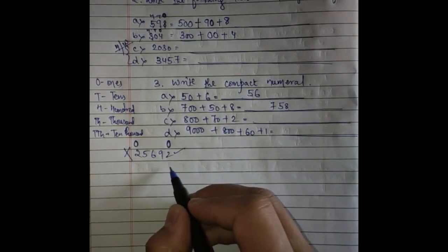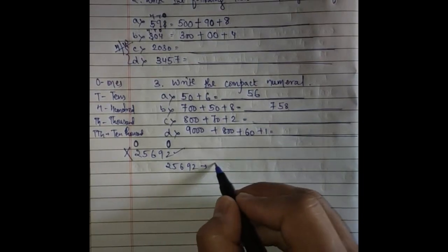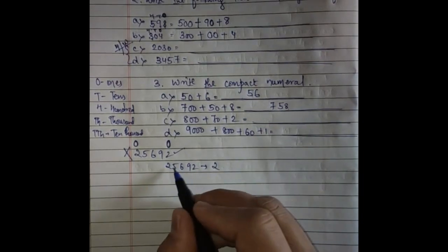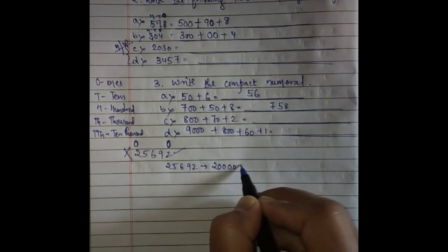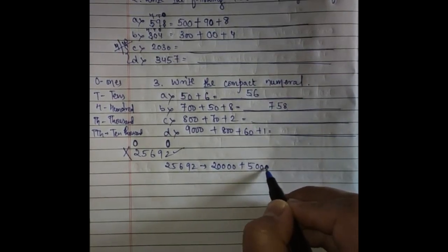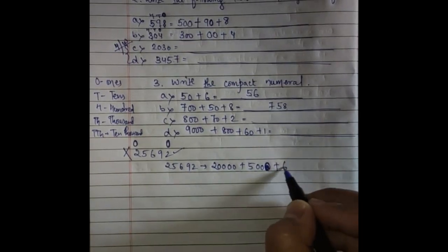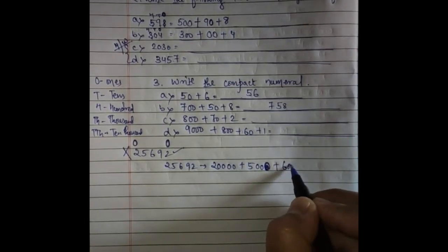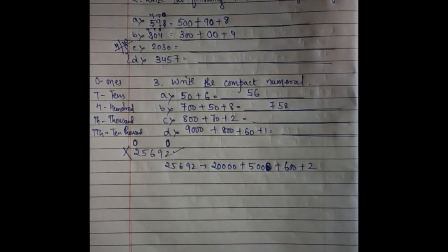So 2, 5, 6, 2, how to expand this? If you have to expand this, you have to expand 2. How many digits are there after 2? 1, 2, 3, 4. After that, 5. 1, 2, 3 digits are there. Plus 6. How many digits? 2 digits. So 0 plus last 2. This is the way to write, isn't it?